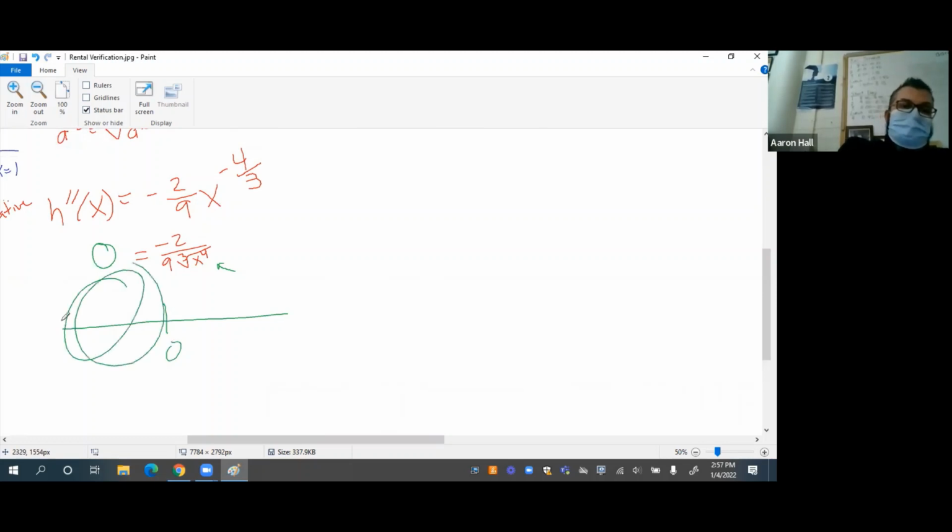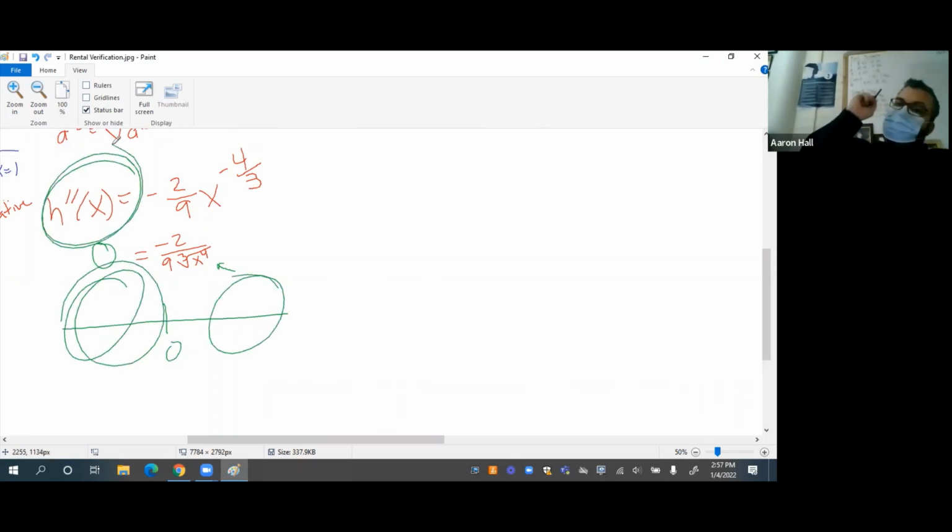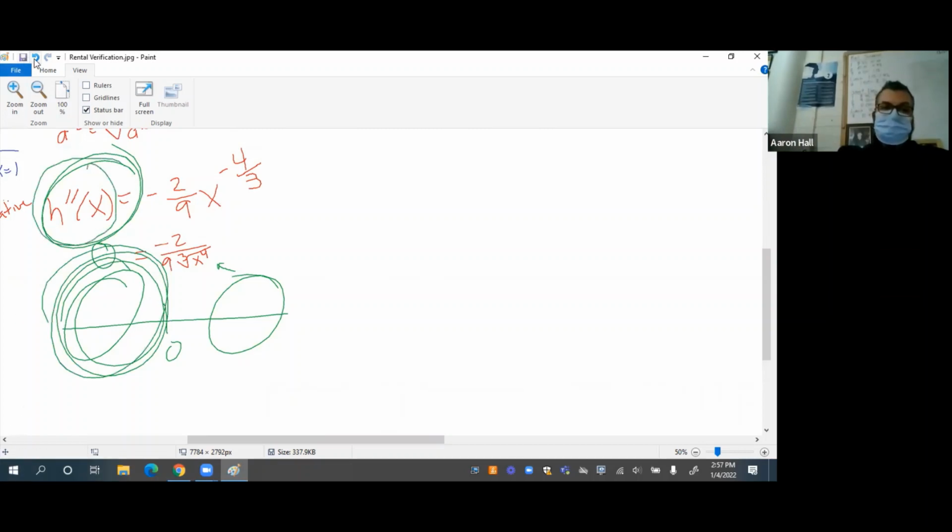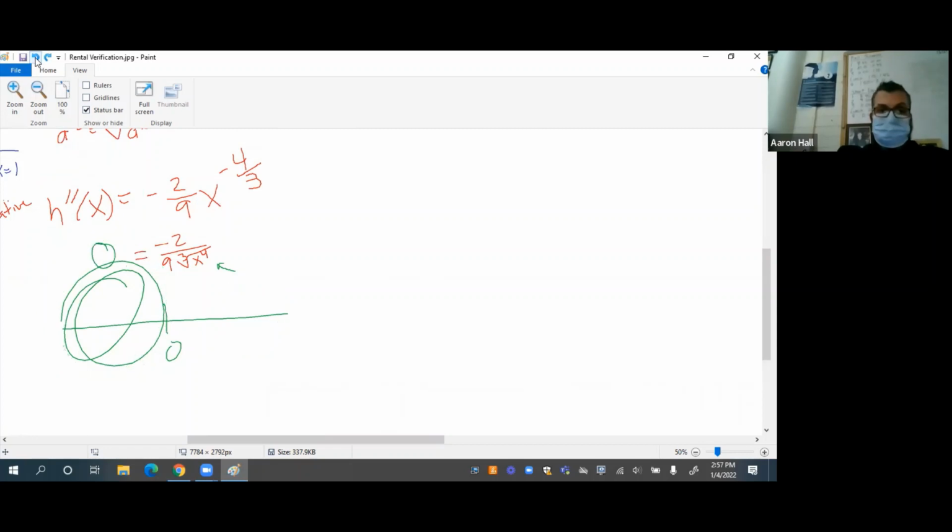And I want to know what's happening on both sides. If we're using the second derivative, what is it telling me? What am I trying to figure out? The concavity. So what should we try over here? Try x equals -1. If I plug in -1, anything to the power of 4 is positive, so all of this in the denominator is positive.